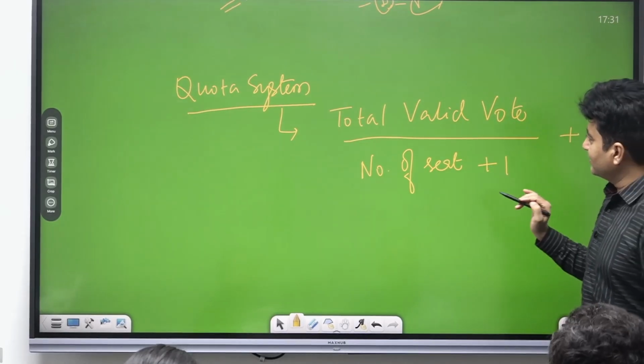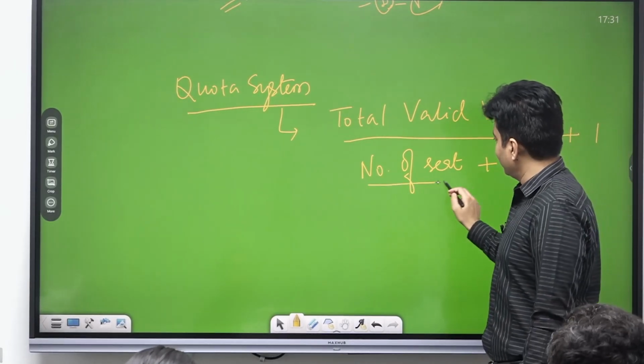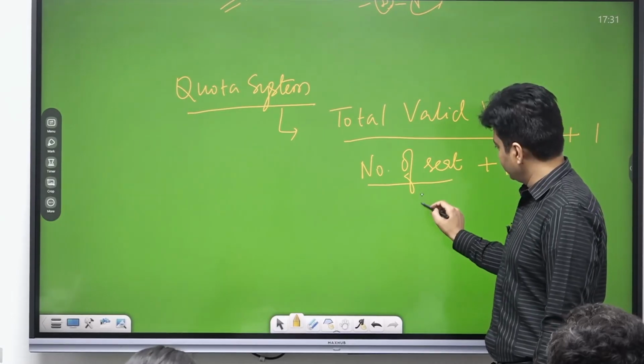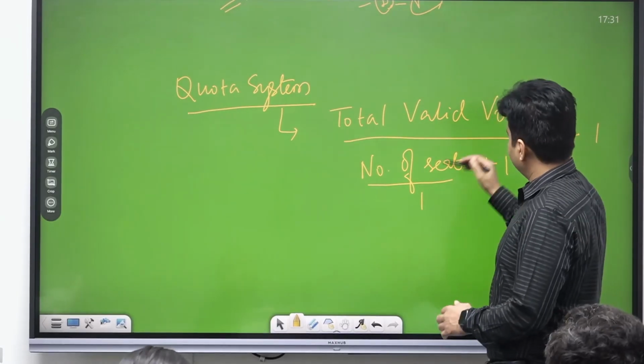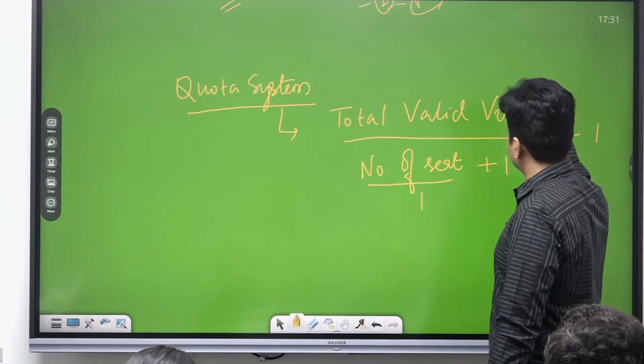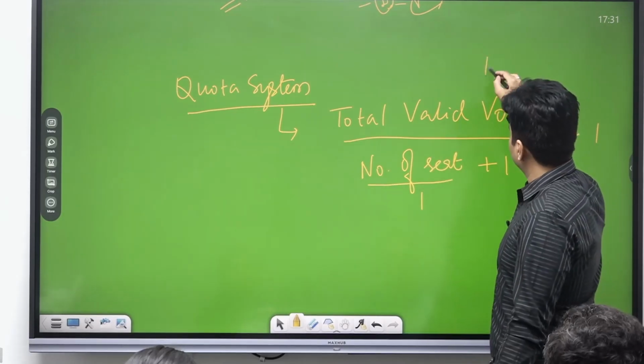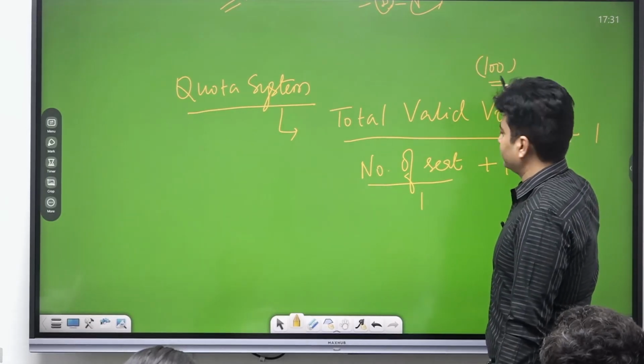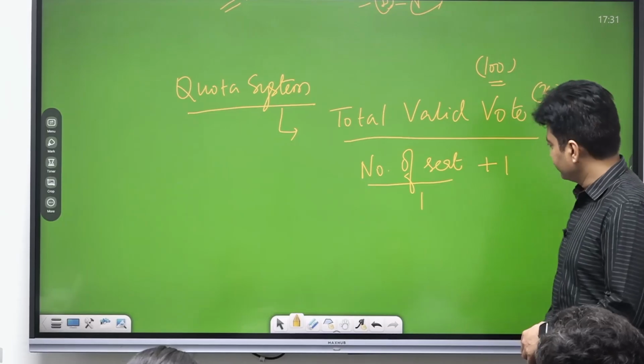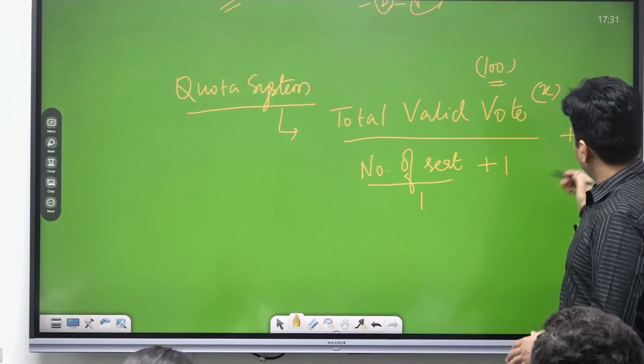Now in the presidential office, how many seats are vacated? 1. Okay, this value can be X. So for example, we are calculating it as 100. Okay. So what is the value?